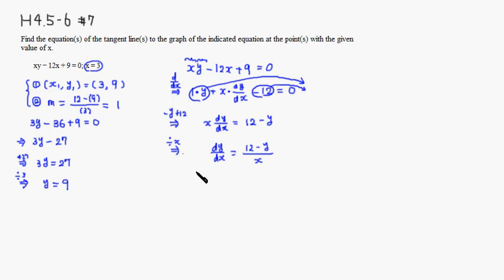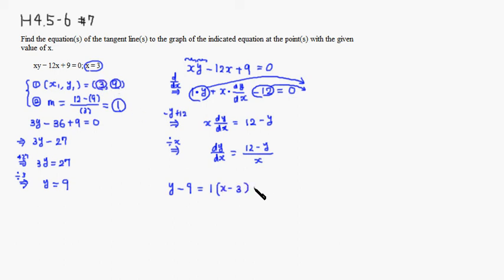All right, then we can just use the point-slope form to write the equation. So y minus y1, where y1 is 9 right here, is equal to the slope m, which happens to be just 1, times the quantity x minus x1, where x1 is 3.